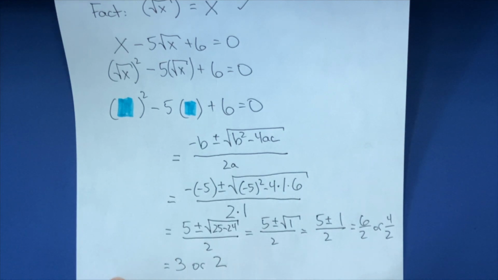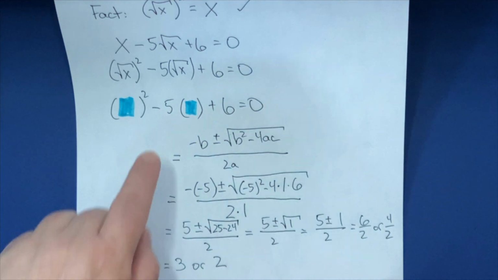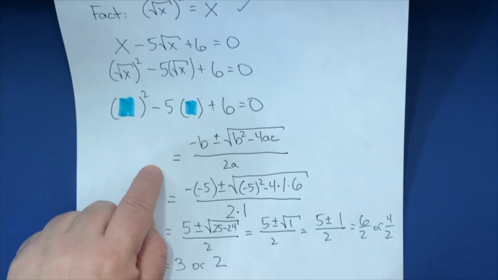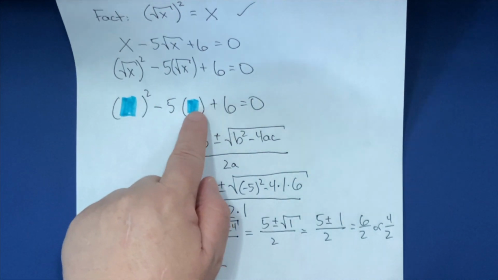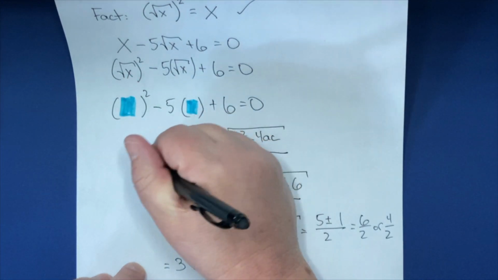Now, here's the question. What's on this side? It's not just x. It's not always just x. It's whatever goes inside this pattern. And what is inside this pattern is radical x, not x.